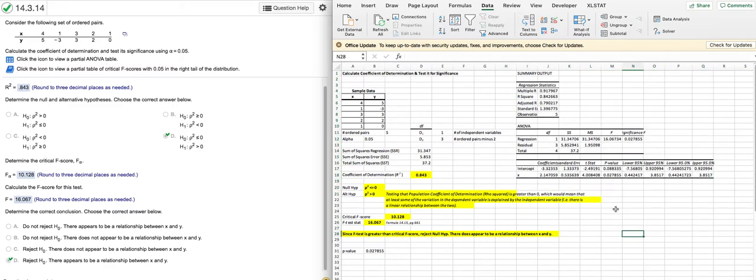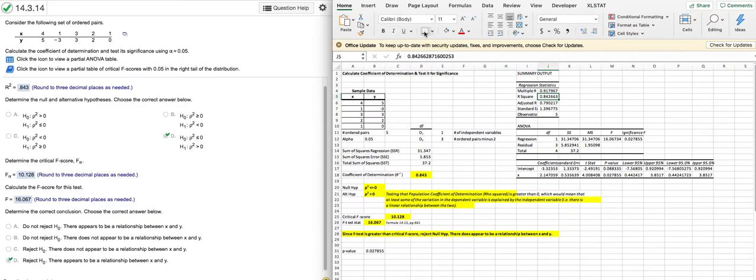In this case, we can see that our coefficient of determination is the same, 0.843, and our R squared here is 0.843, rounded as well. We aren't asked for much from the table other than two main items: the R squared coefficient of determination, along with the F score for the model.